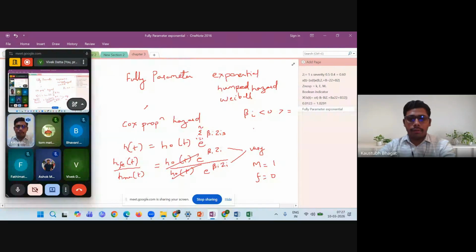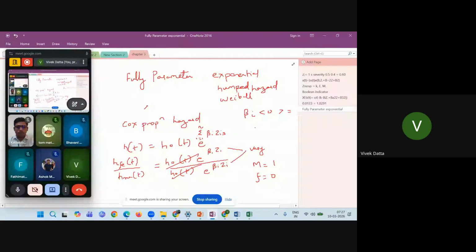Comparatively less risk, so it reduces my hazard. Greater than 0 increases my hazard, and equal to 0 has no impact. Clear to everyone? Yes.